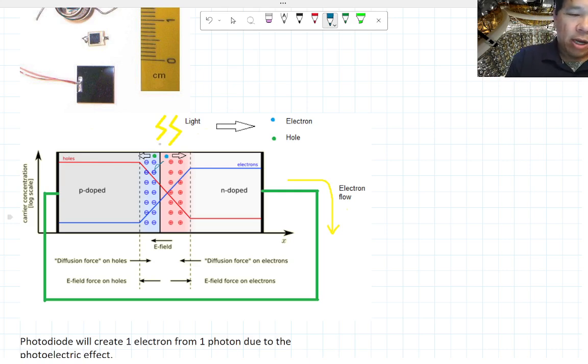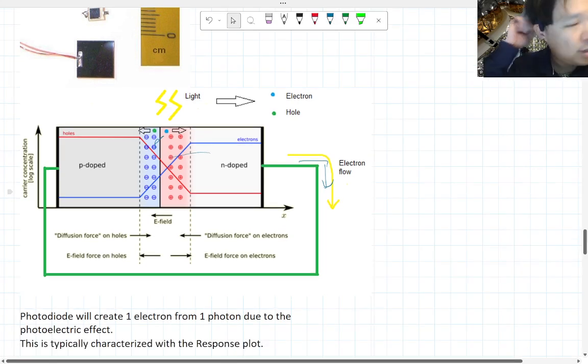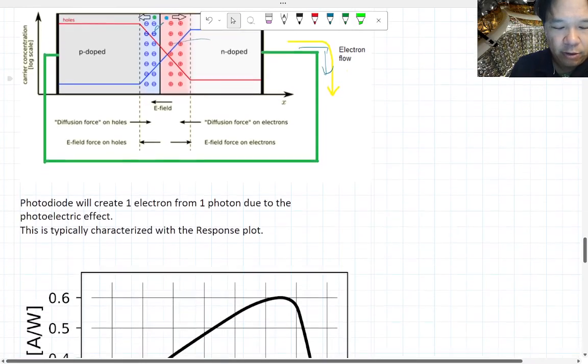Unlike regular material, there is an electric field inside this depletion region, and this electric field drives electrons out of one end of your diode. This is kind of interesting. You can just have a little diode somewhere, and if light hits it, you generate current out of it. This is basically how you can generate electricity from solar panels also.